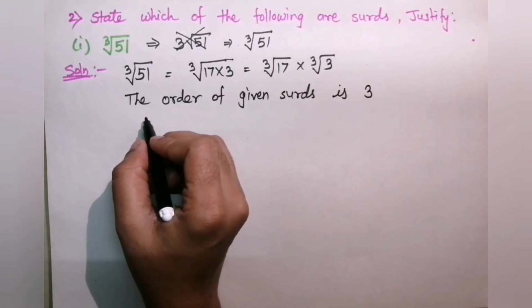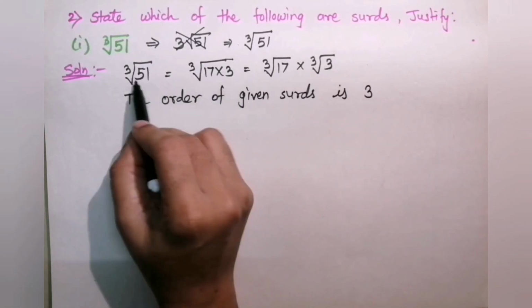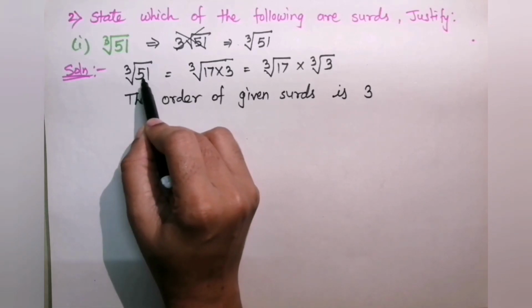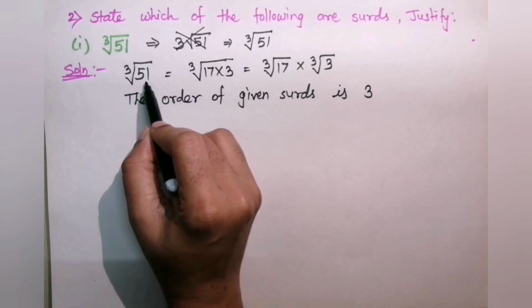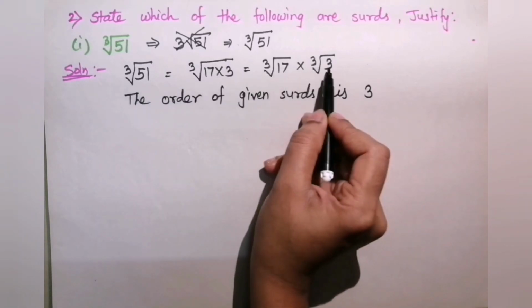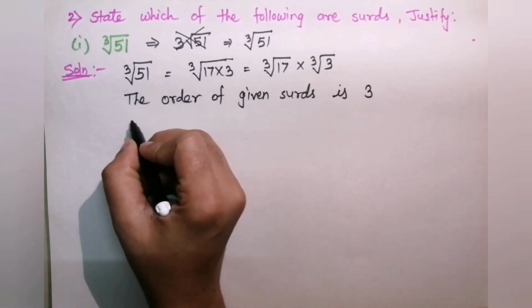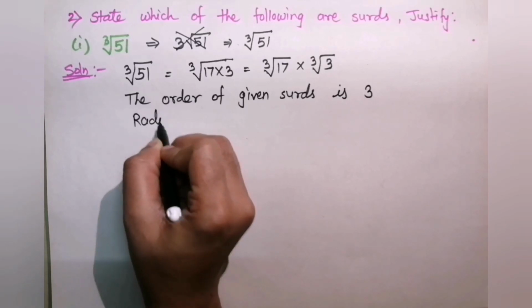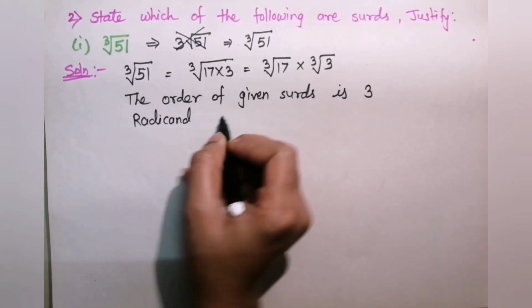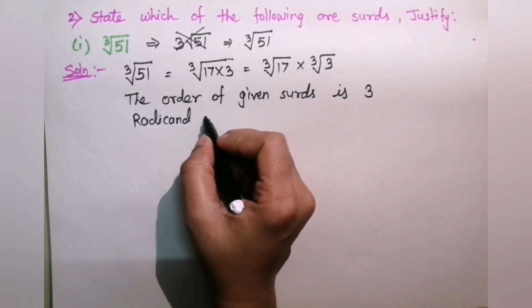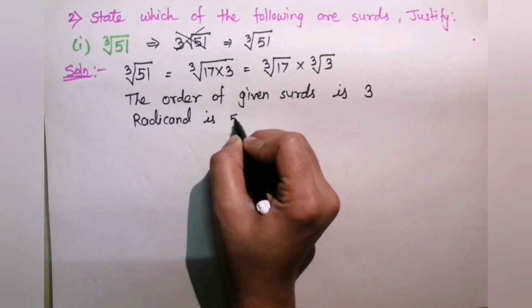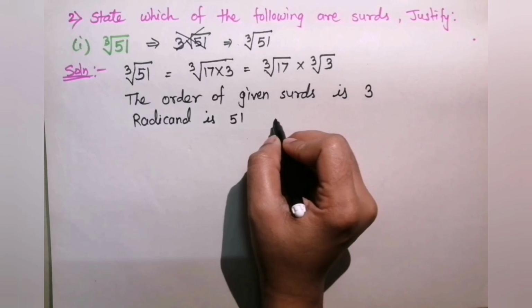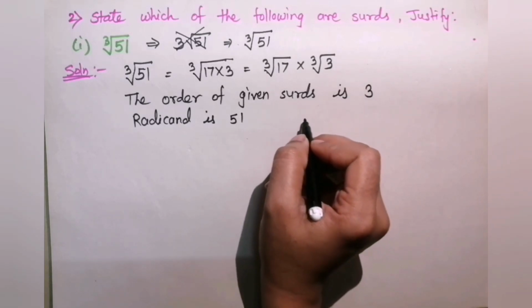Now write down their radicands. Radicand means what? This is 51. This is the main question, so write down this radicand. This is for your explanation only. Clear? So write down here: radicand is 51, which is a positive rational number.